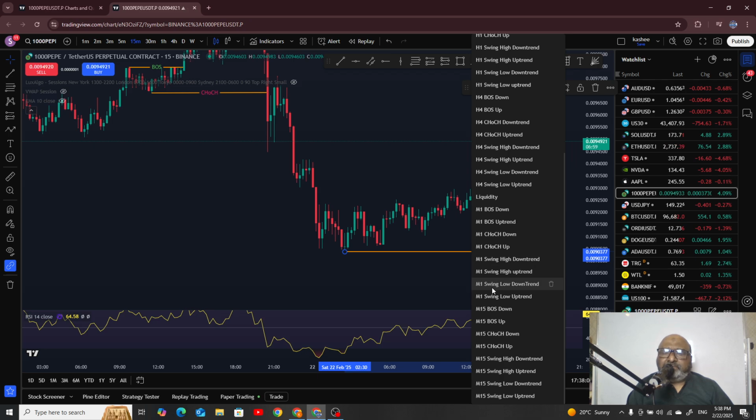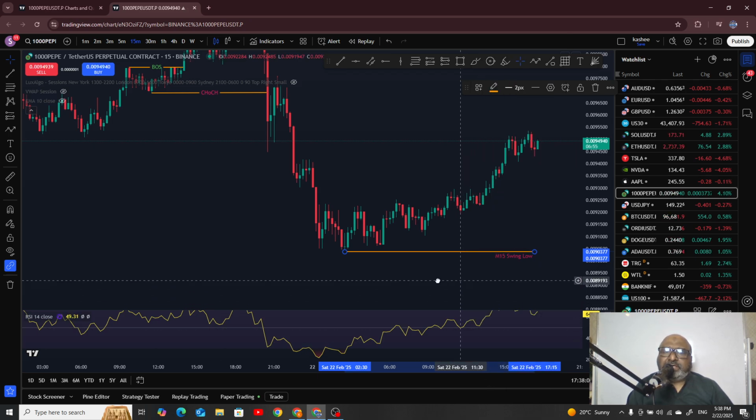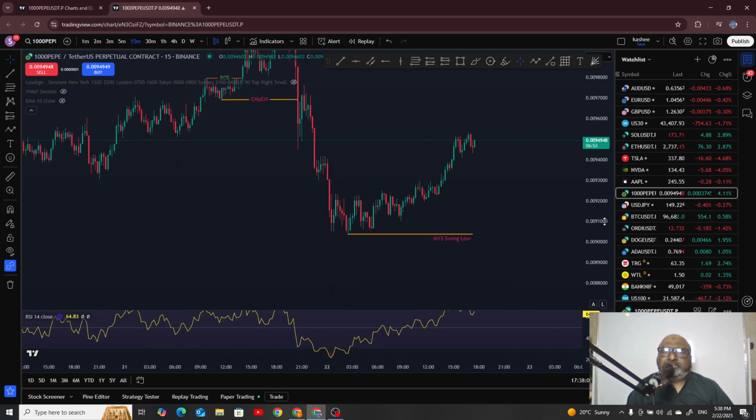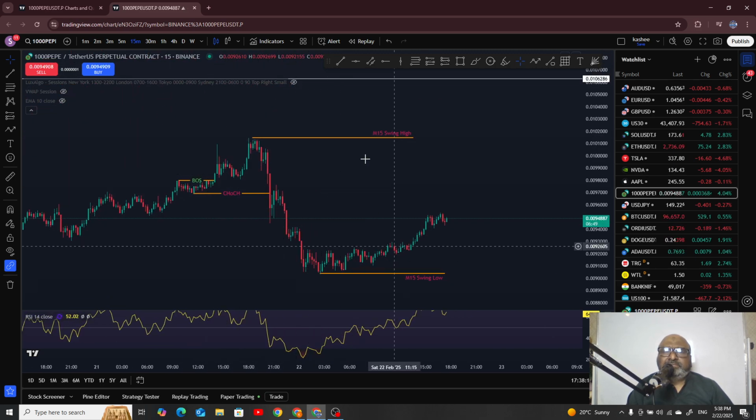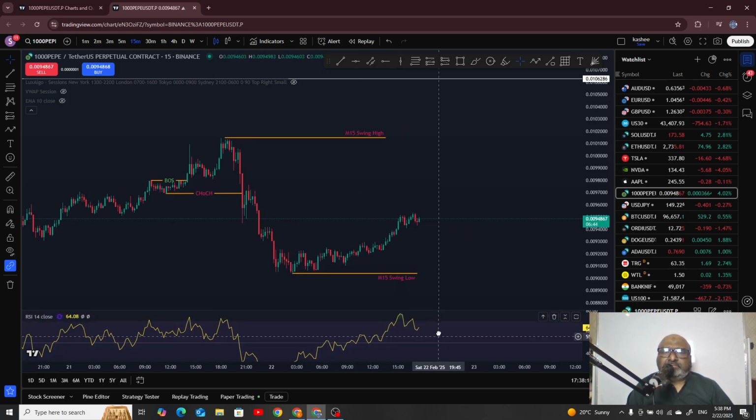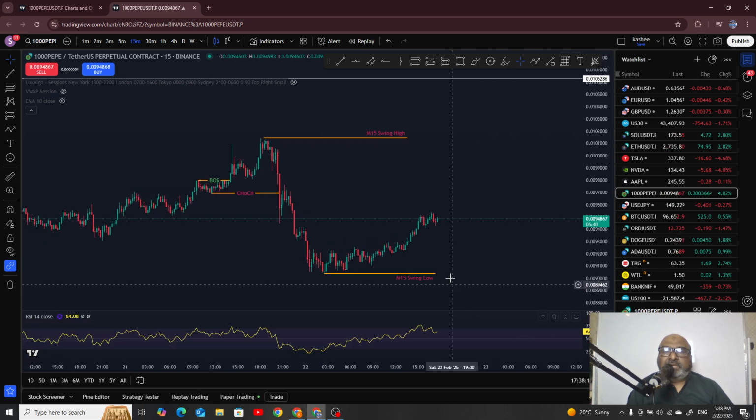This is M15 swing low for the downtrend. Okay, so this is the trading range for 15-minute time frame. Okay, so we are in downtrend.